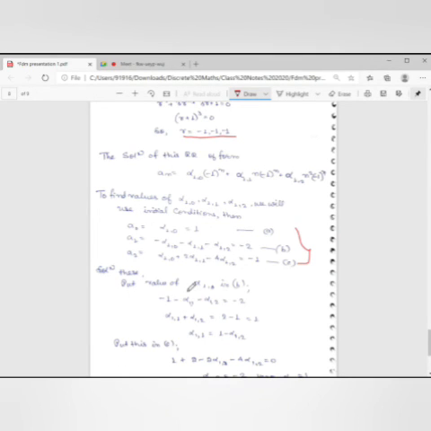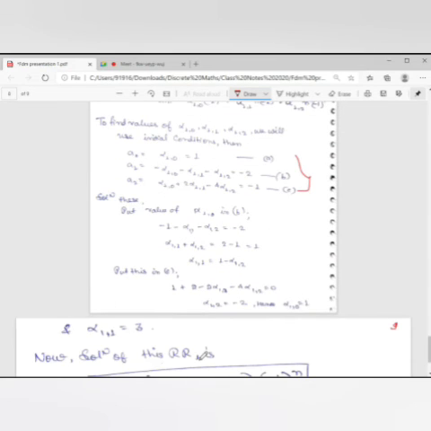I have used the substitution method. We already have alpha 1,0 = 1. I will put it in equation B. We will get this, and from it a relation between alpha 1,1 and alpha 1,2. On putting this relation in equation C, we get alpha 1,2 = -2, and alpha 1,0 = 1 we already have.